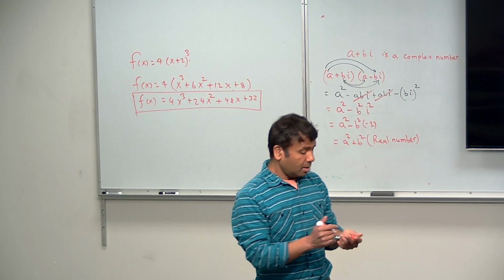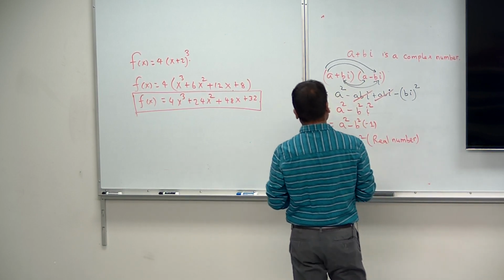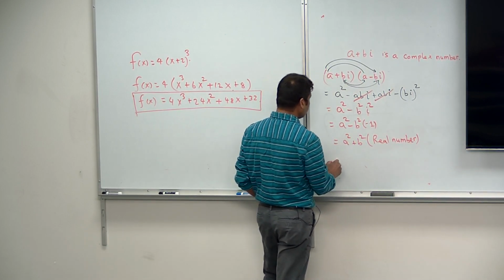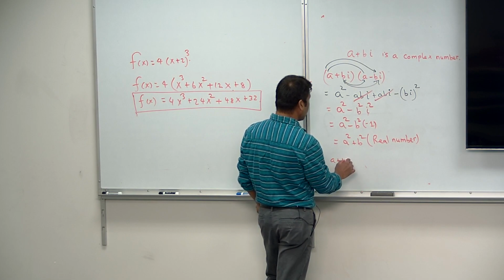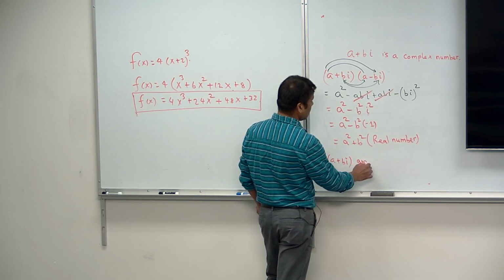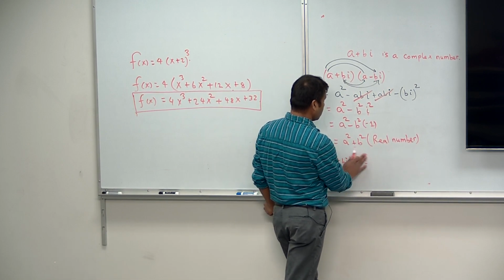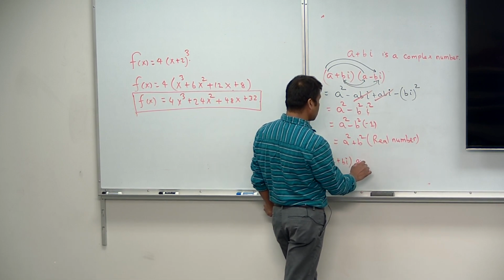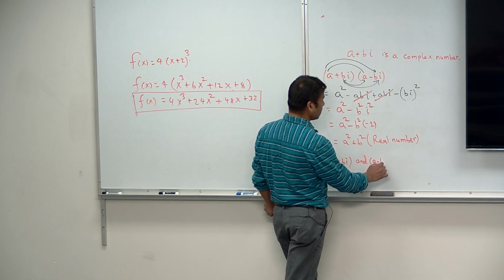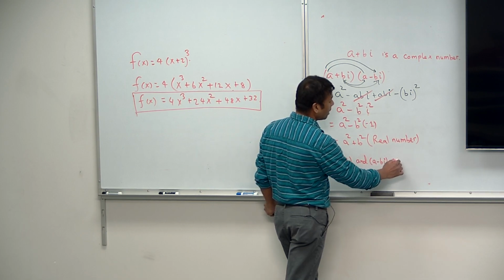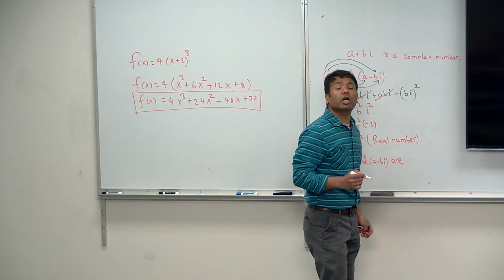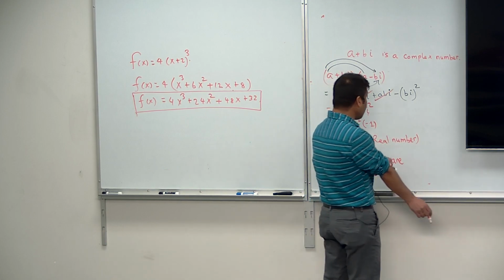So that means a plus bi and a minus bi are complex conjugates to each other, okay?